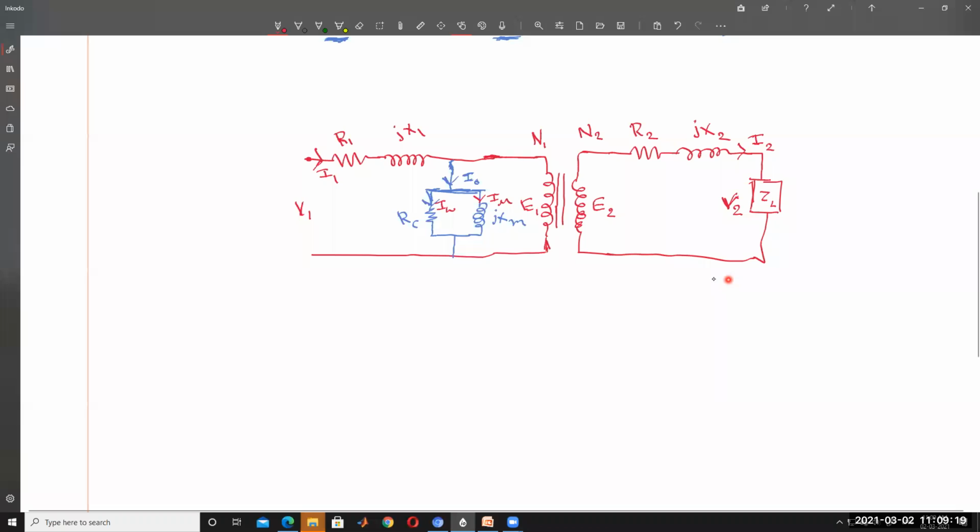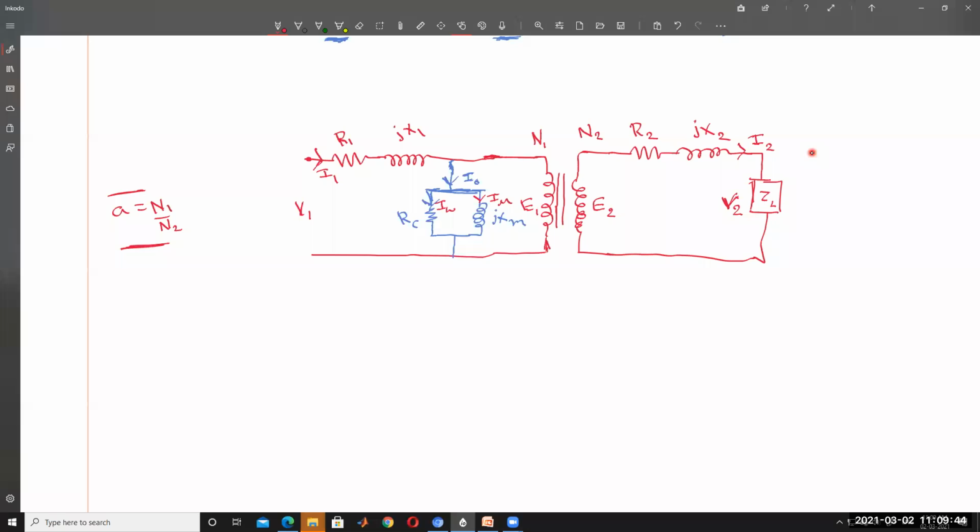So a transformer has one relation, you know well. What is the relation in a transformer? The turns ratio. What is the turns ratio in a transformer? A is equal to N1 by N2. Am I right? This is the turns ratio in a transformer.